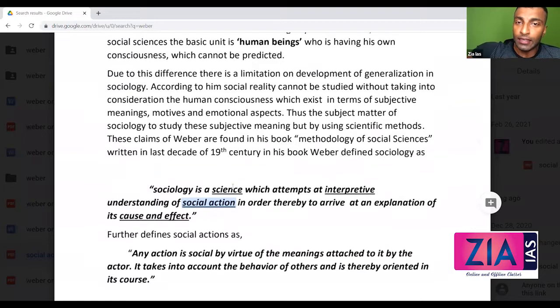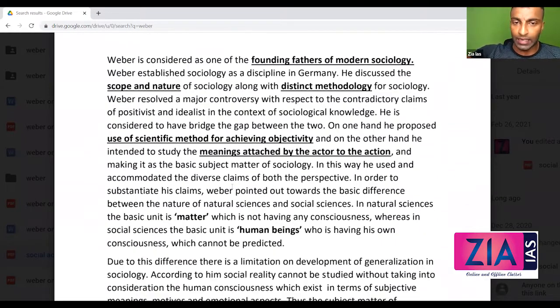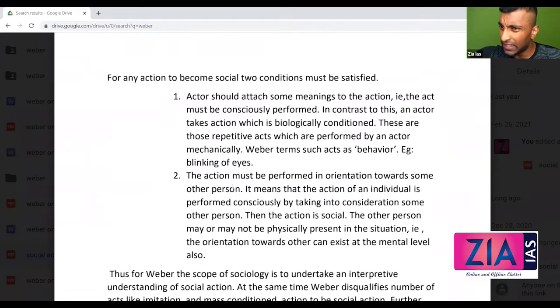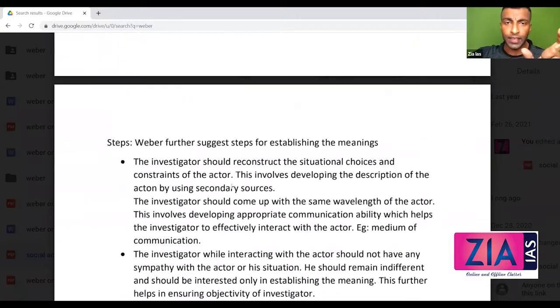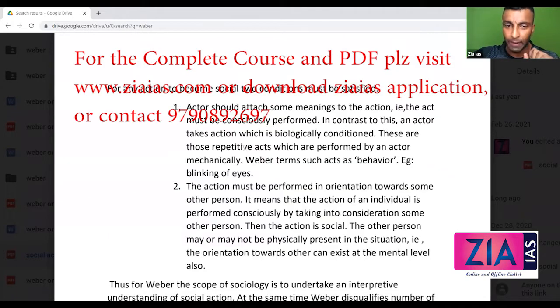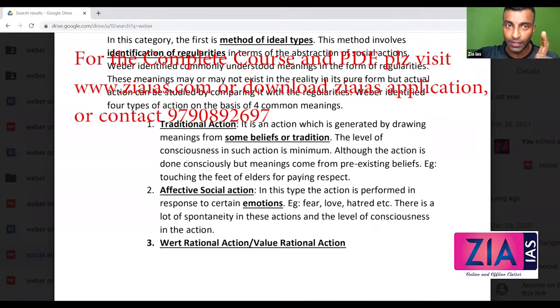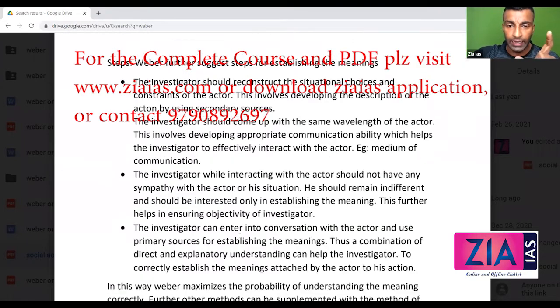Okay, guys, let's look into the introductory part, and then I'll go with the theory of social action and everything. It is a very simple theory only. And in this theory itself, we will go with Verstehen. I'll explain what is Verstehen. And then we will also see ideal types here. That is another method. Ideal types is coming here.